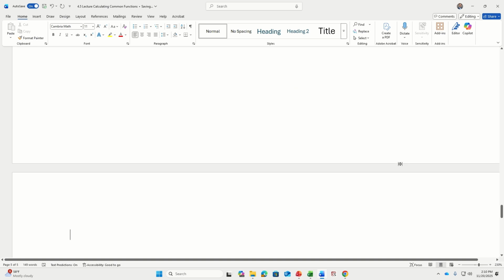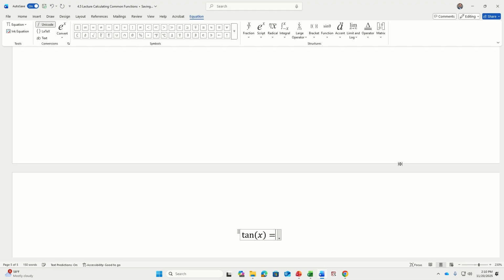Okay, so now we've talked about what to do with polynomials, what to do with exponents, what to do with logarithms, what to do with sine, what to do with cosine. How would you calculate tangent? Yeah, I could calculate a tangent by just sine divided by cosine.